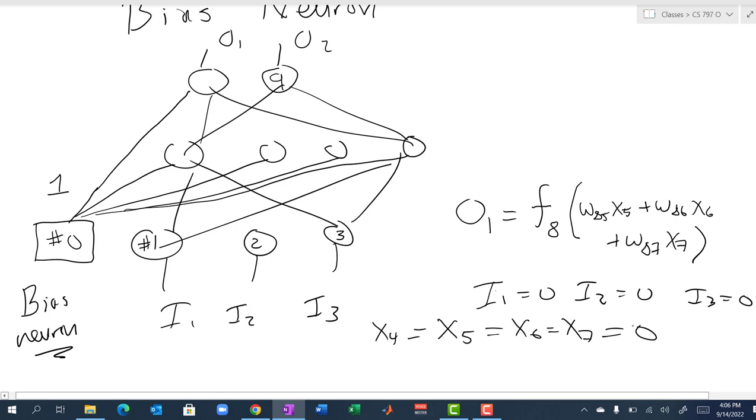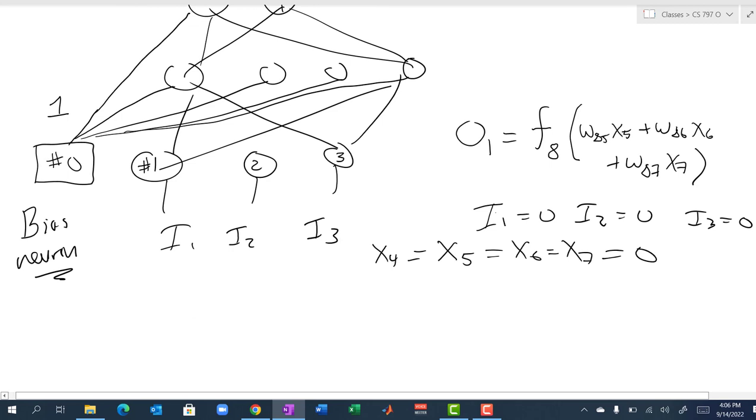Because the inputs are 0, multiplied by the weights, you get 0. And so if you have all 0 inputs, you can't get a non-zero output. Because all you're going to do is get zeros in this summation.